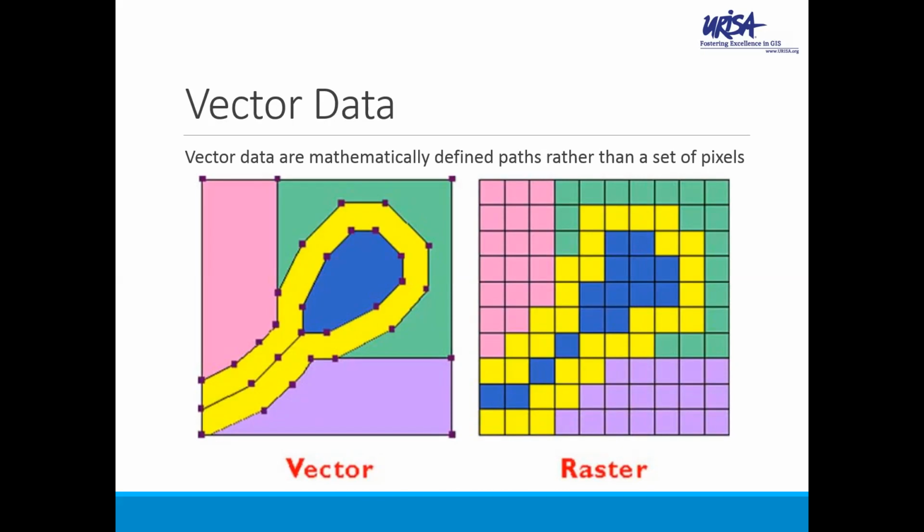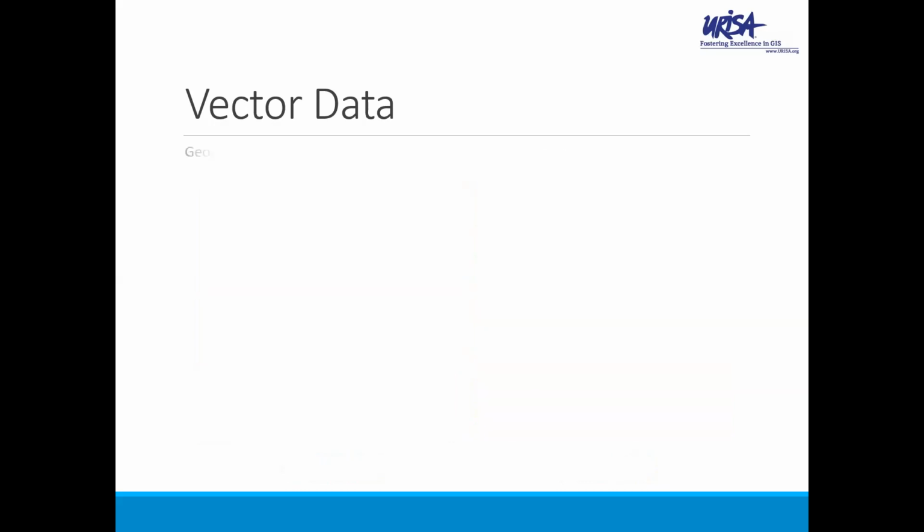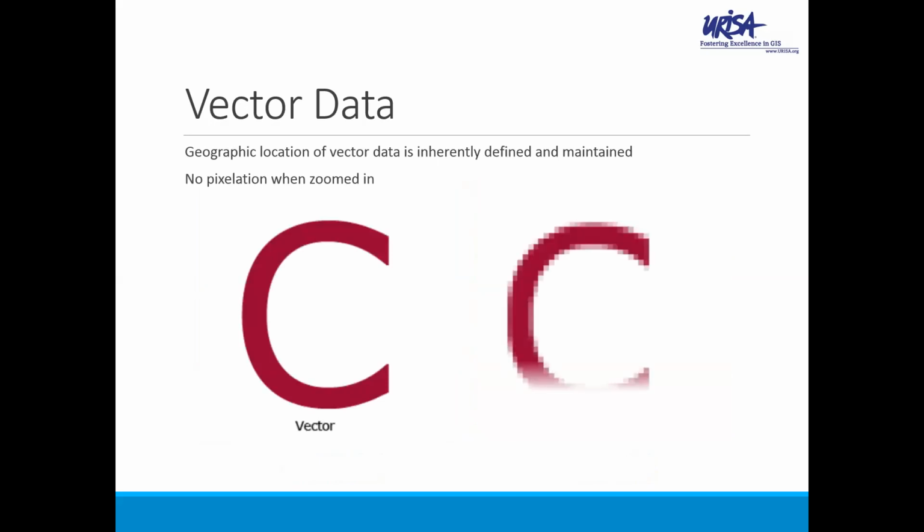I think this is a pretty good example of the type of thing we're talking about here. When vector data are zoomed in upon, there is no loss of resolution. The mathematical definition is adjusted to the scale, but the raster image starts becoming clearly pixelated, as we have in this case here.